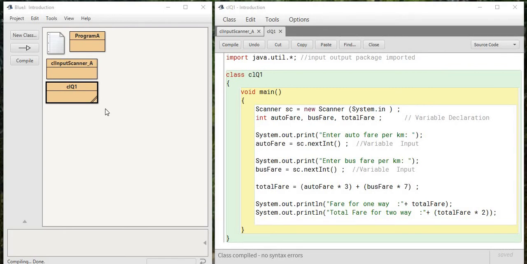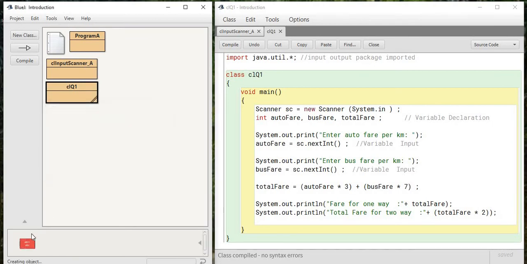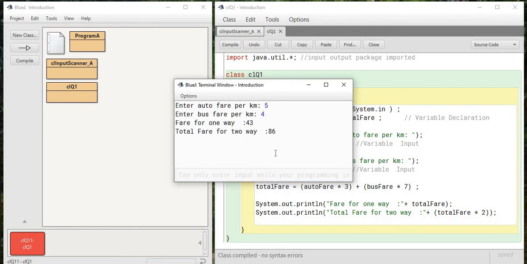Now, the execution part. For this I need to right click and create a new instance, and then I'll right click on it and I will get the main. In the main, I am going to write, suppose auto fare per kilometer is rupees 5 and bus fare per kilometer is rupees 4. This is the result.